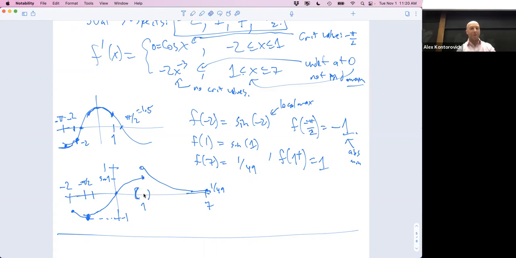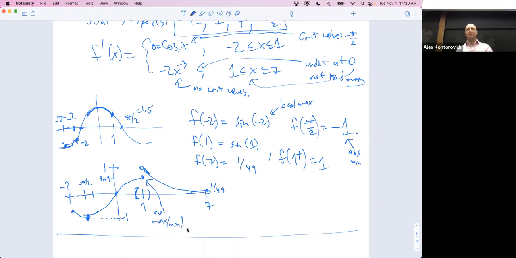But an open neighborhood must include values to the left of it as well as to the right of it. And if we're going to the right, then it's not a max. Just a little bit to the right of it, there are larger values. So this point is nothing. Neither max nor min.